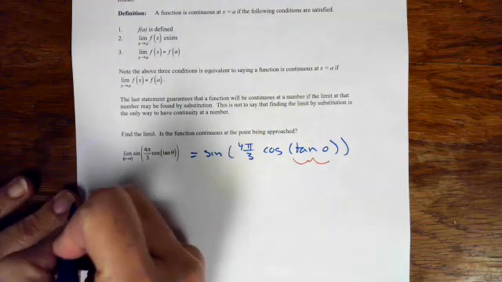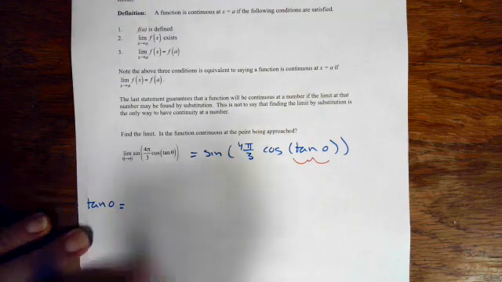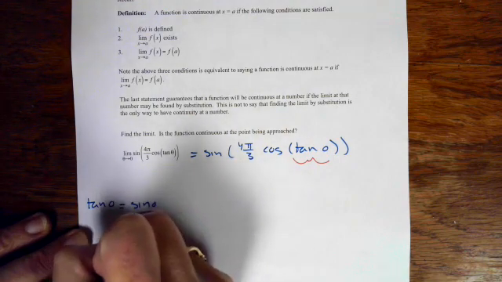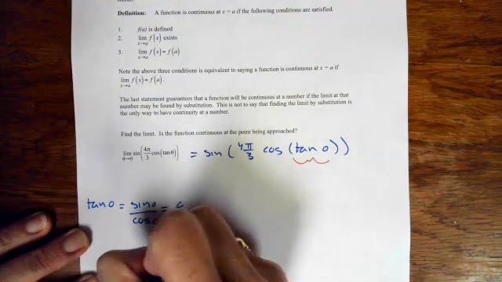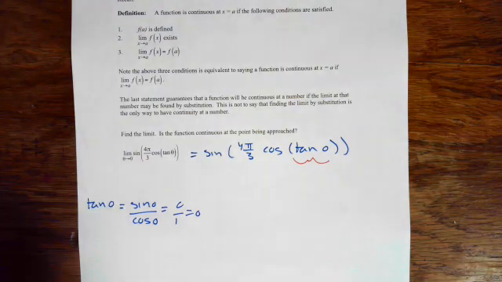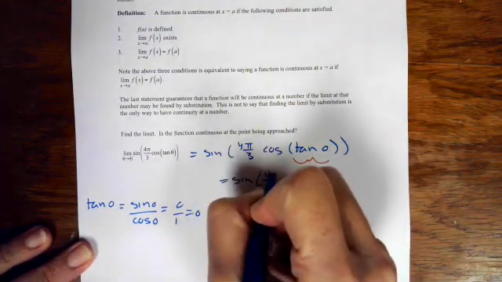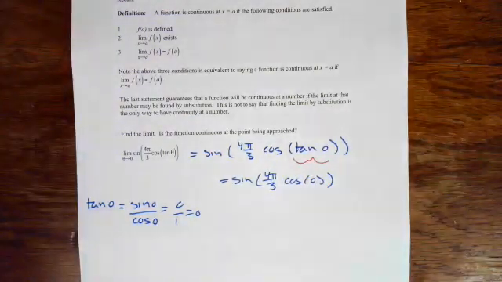And if you need to, you go off to the side and figure out what tangent of 0 is. Tangent of 0 is sine 0 over cosine 0, which is 0 over 1, so 0. So this becomes sine of 4 pi over 3 cosine of 0.